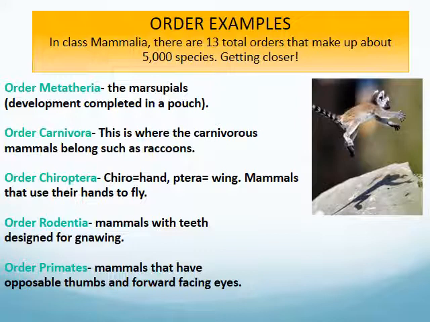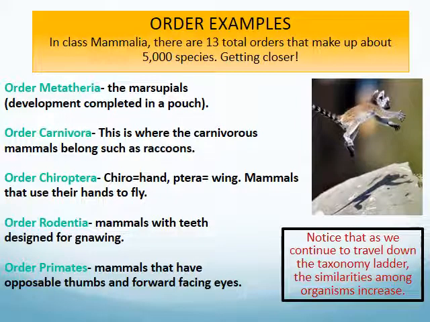Chiro means hand, ptera means wing. Mammals that use their hands to fly. We have order Rodentia, and those are animals with teeth that are designed for gnawing. You can imagine that's your rodents. And then we have order Primates, which have opposable thumbs and forward-facing eyes. Can you guess which one it belongs to? All right, order Primates.